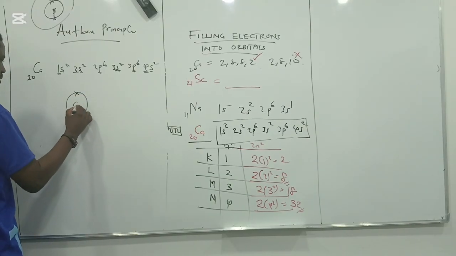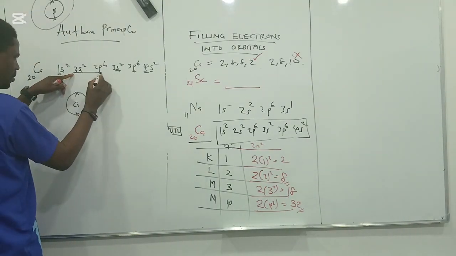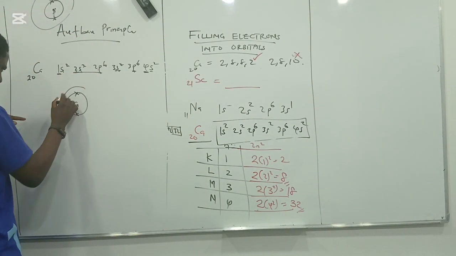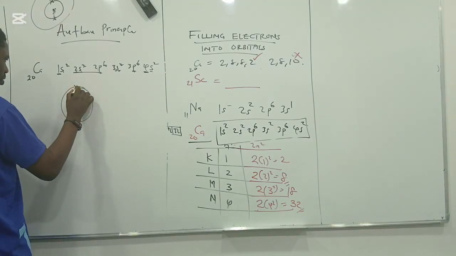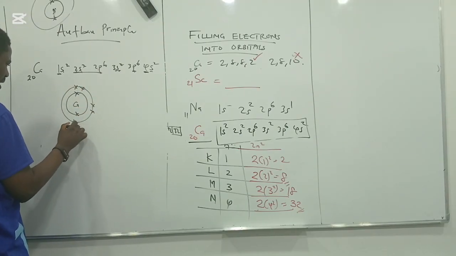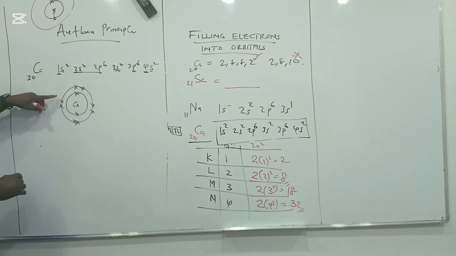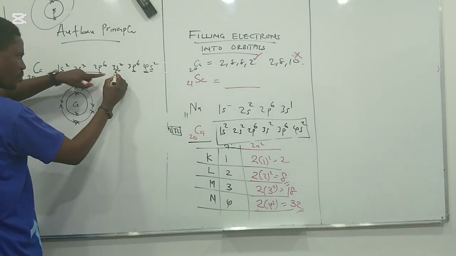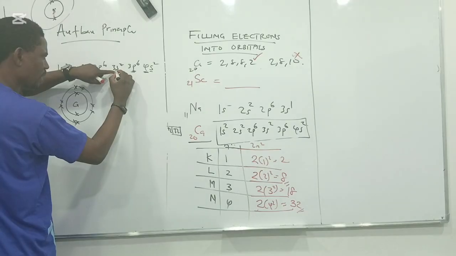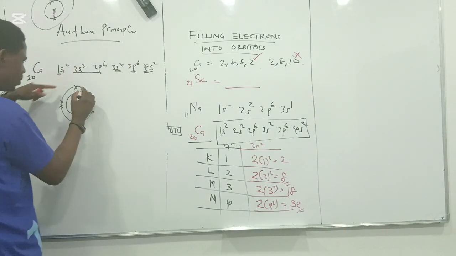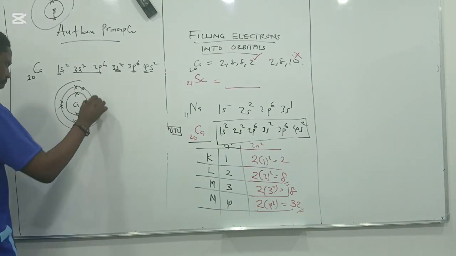Can you see that for calcium? Then the second shell, 2 plus 6, making 8 electrons. So shell notation does not show which orbital or which subshell the electrons are in. Can you see? That is 2, 8. The third shell, 6 and 2, that is another 8.